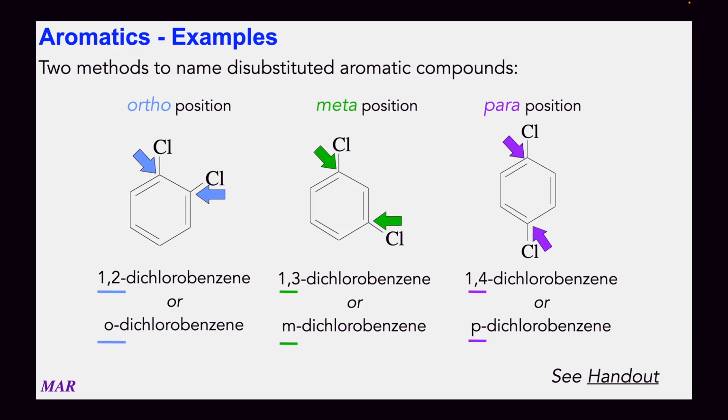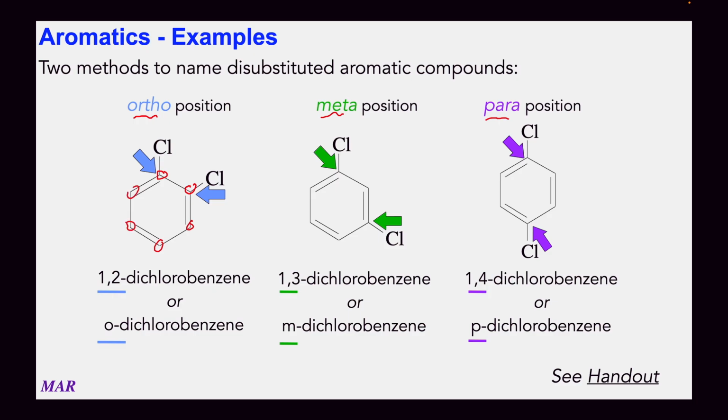If you have species on the benzene ring that are the same, you end up with another kind of nomenclature I want to introduce. In the old days, they called them ortho, meta, and para. Ortho means that the two groups that are the same are right next to each other, like 1 and 2. Now on benzene, you have a total of 1, 2, 3, 4, 5, 6 places they can go.